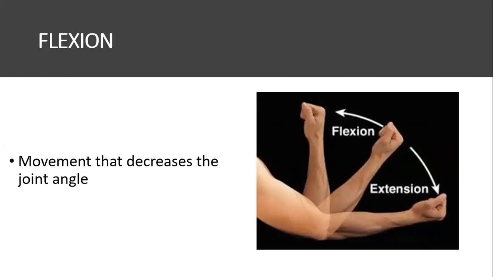Elbow flexion is bringing your hand towards your shoulder, just like this picture. Wrist flexion is where we bring the wrist downwards. Finger flexion, bringing the fingers downwards. Hip and trunk flexion, bending over or bringing the hip upwards, or just being in the seated position. Knee flexion is bending your knee. There are special terms for the ankle, and we'll go over that later.